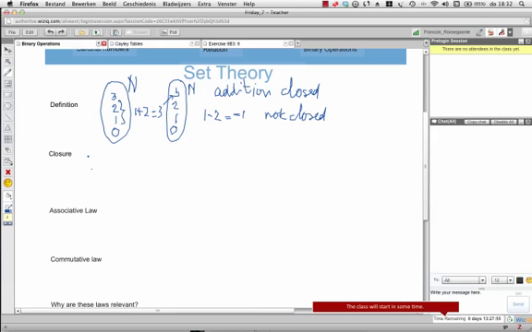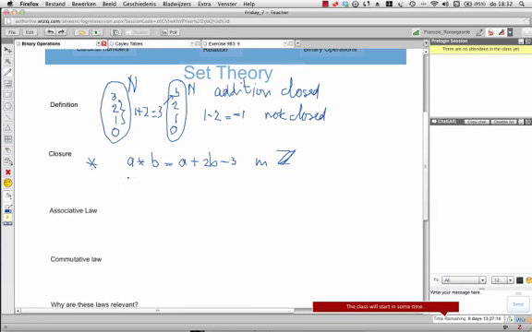Of course, a binary operation doesn't need to be an addition. It can mean any operation, so therefore we use a general symbol, star. And an operation could for instance be A star B equals A plus 2B minus 3. And if I define this operation in the set Z, let's have a look if this would be a closed operation or not.